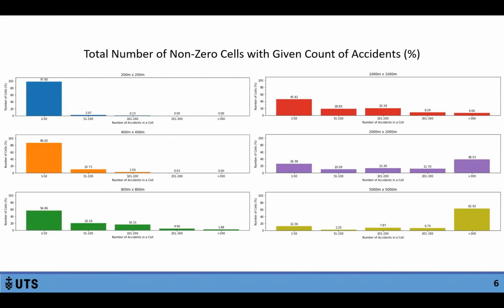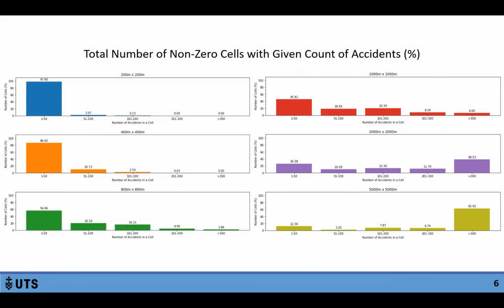In terms of comparing sparsity levels on different cell sizes, these charts show the total number of specifically non-zero cells which contain a given number of accidents as a percentage of all non-zero cells for the specified cell size. We can see that for 200, 400, and 800 meters squared, the majority of cells largely contain 1 to 50 accidents over the entire time period of 2014 to 2019.